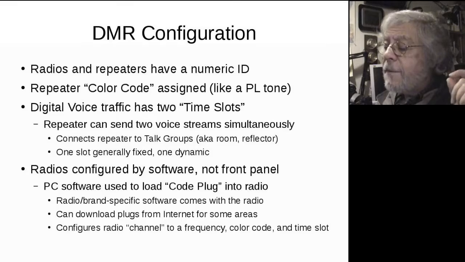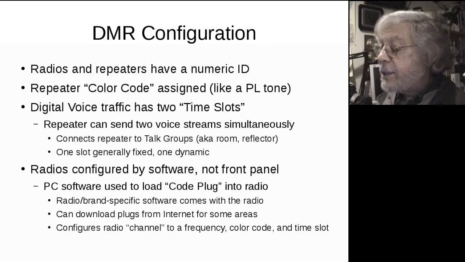Traffic, because of this digital thing, they came up with this thing where you have 2 time slots. And the idea is that you could have 2 voice streams coming out of a repeater at the same time. So think back to the commercial use. The guard at the front shack can have their radio on and talk to home base, and have that same repeater on top of the building be talking to the folks that are doing gardening or whatever, or other operations for the site, without interfering with each other.